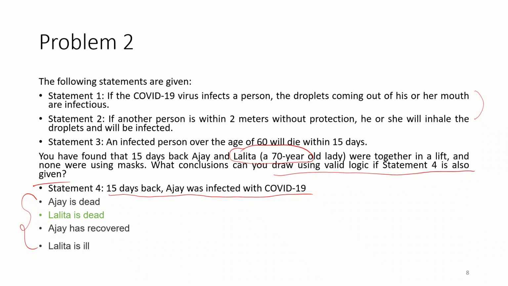Ajay's age is not specified over here. If in the third statement they would have also put Ajay's age, probably then Ajay has recovered can also be an answer.